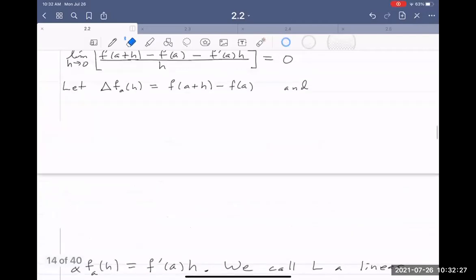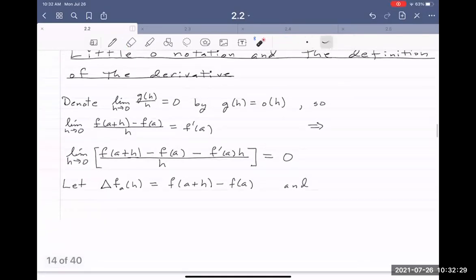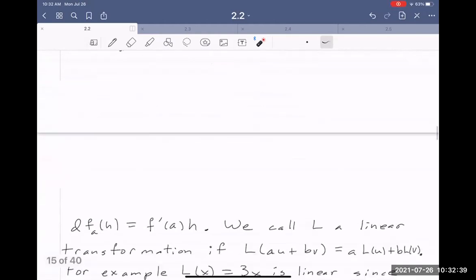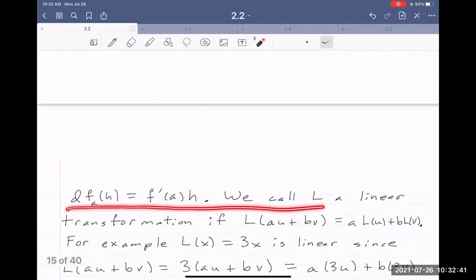And so this, I'm going to call delta f. And this, I'm going to call df. So df sub a at h will let this equal f prime at a times h.